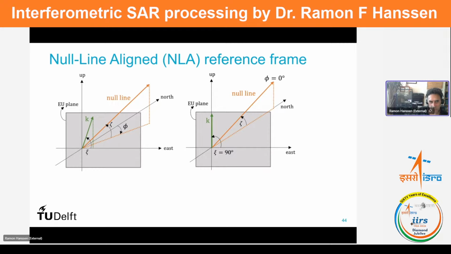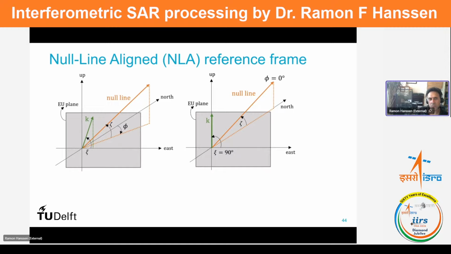It would be strongly biased the up component, but it would also bias the east component in this case. So only in the case when the azimuth of the null line is 0, then we only have a bias in the vertical component, in the up component, and not in the east. I will show you in a minute where on Earth these cases happen.